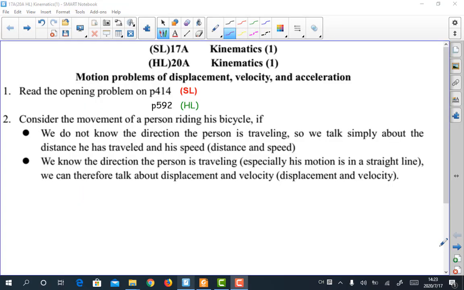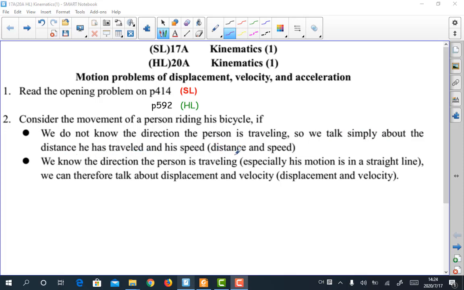Let's look at the difference between distance and speed and displacement and velocity. Consider the movement of a person riding his bicycle if we don't know the direction the person is traveling. So we talk simply about the distance he has traveled and his speed.